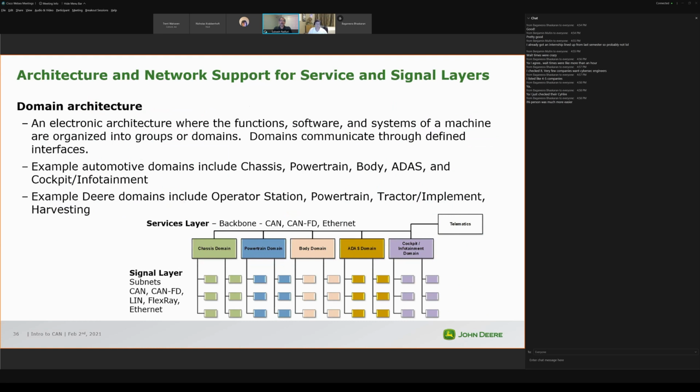And so Ethernet might be a good one for your backbone, and maybe in certain applications. But as you see in this diagram, various domains and the domains underneath that may choose to have just a CAN or CAN-FD or even LIN and not choose to have Ethernet.